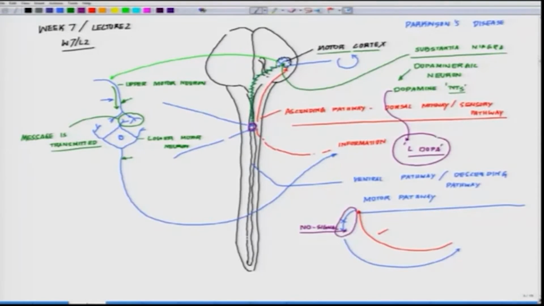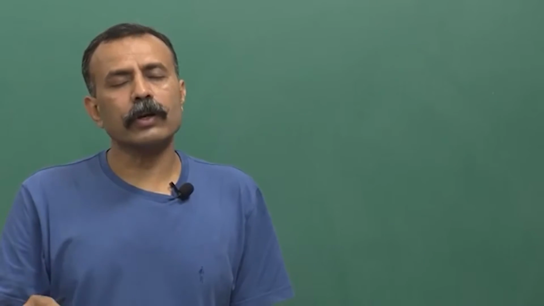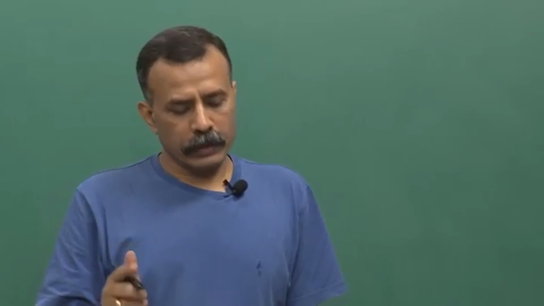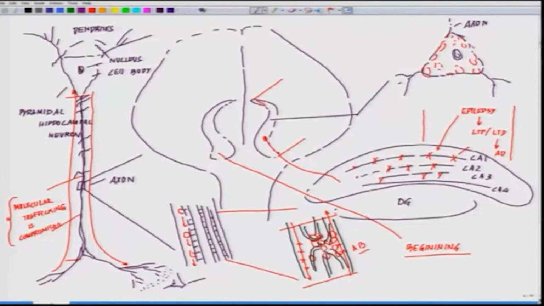But what is important is, in both cases, whether it is Alzheimer's or Parkinson's, the progress of the disease is the same. If you remember what I was drawing in the last class, this is the pyramidal hippocampal neuron.